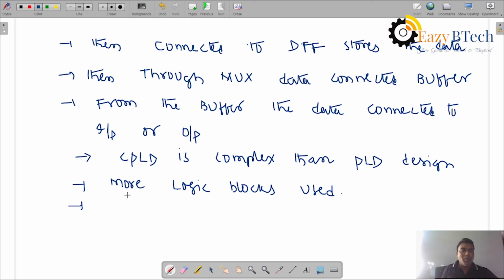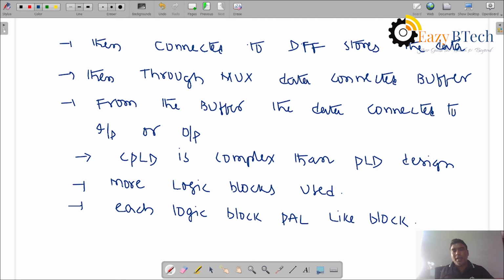Each logic block is a PAL-like block. The AND array is programmable and the OR is fixed, and macro cells are used.